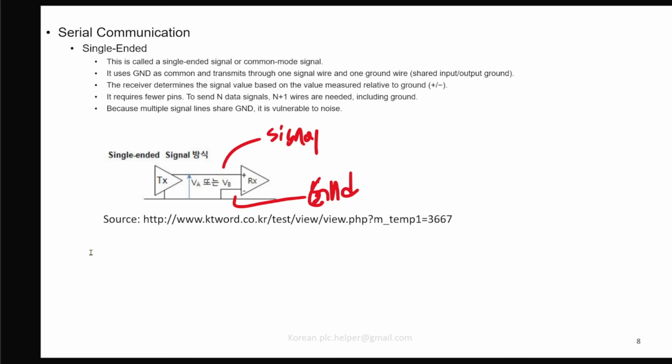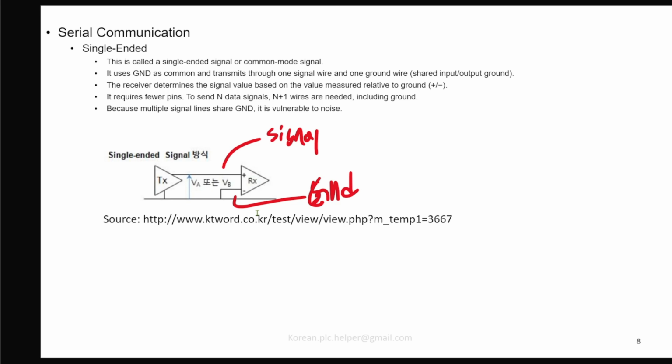In other words, only one wire carries the actual signal. It then determines the signal status from the measured voltage. Signal lines share one ground. They can be affected by ground potential differences and external noise. Therefore, single-ended signaling can be more vulnerable to noise than differential signaling.